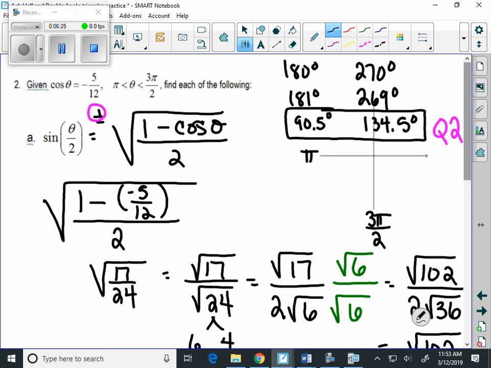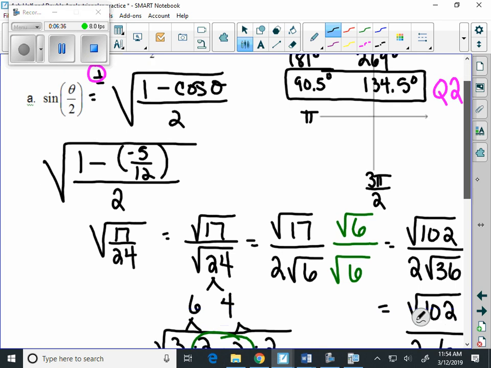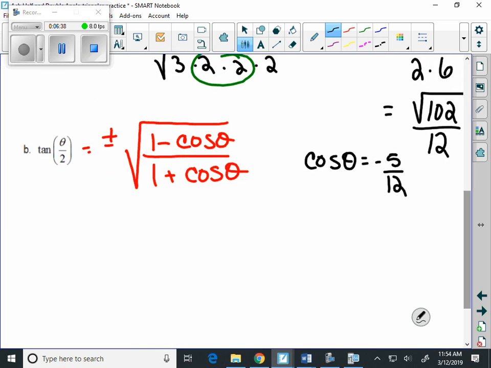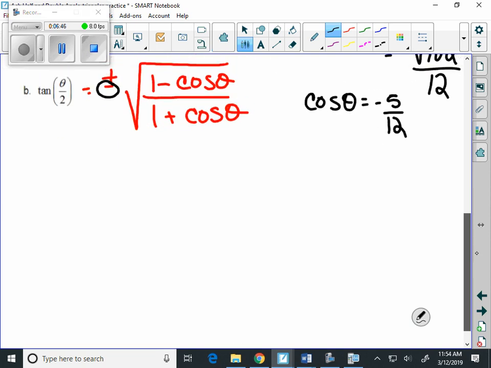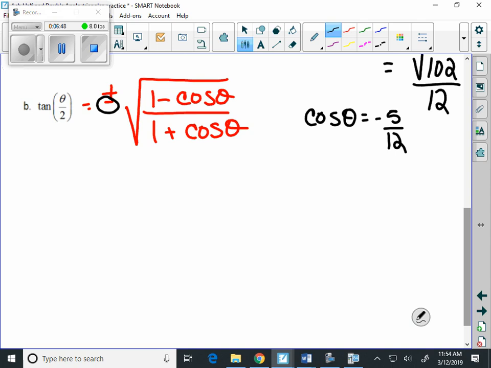And when we're looking between these two and cutting them in half, because theta divided by 2, there's the half part, we end up in quadrant 2, which I wrote in that pinkish purple color. Well, in quadrant 2, is tangent positive or negative? It's actually negative.